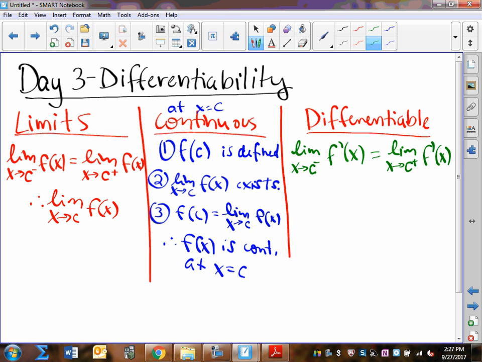In other words, slope coming from the left must equal the slope coming from the right. We'll say this is c.